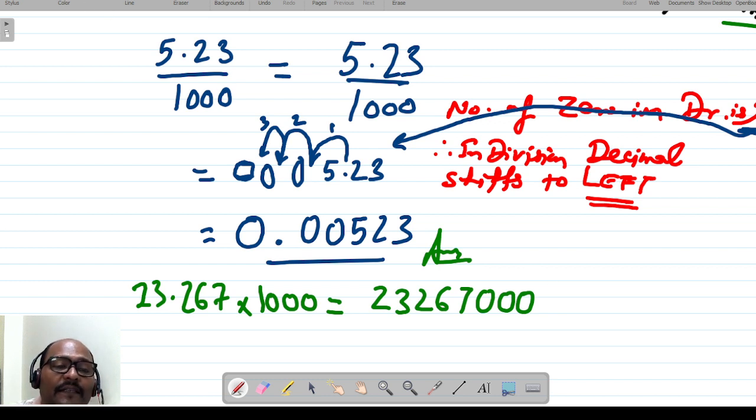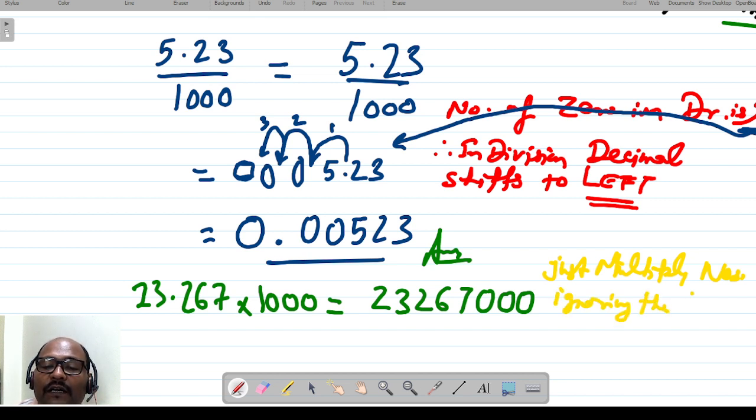In the case of multiplication, multiply the numbers ignoring the place of the decimal, right?